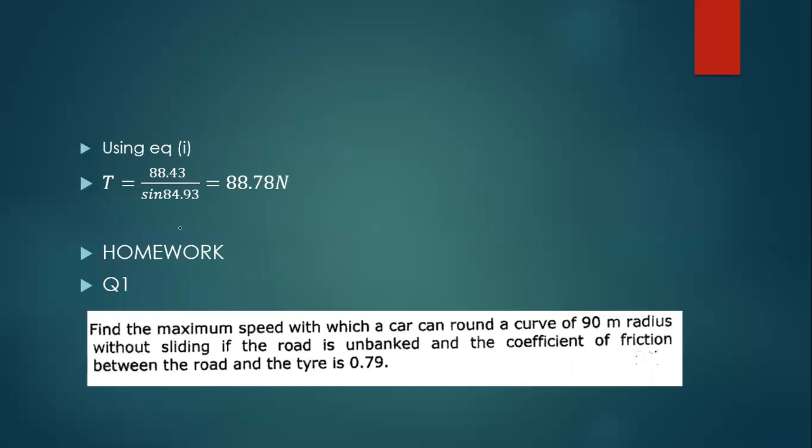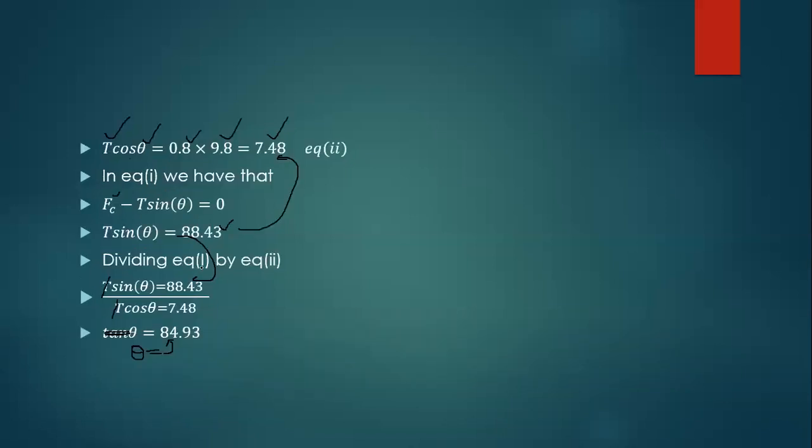And then after finding the angle, what can we do? We can go back to this expression and say that my T will now be equal to 88.43 over sine theta, you know?